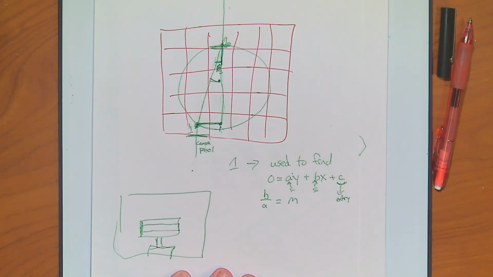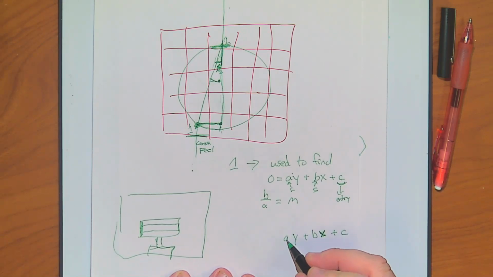Now you know A, B, C. Now it's exactly what we did before. Now you do A times Y plus B times X plus that C for the entry.